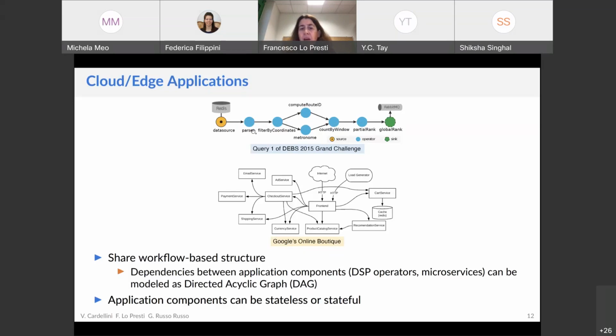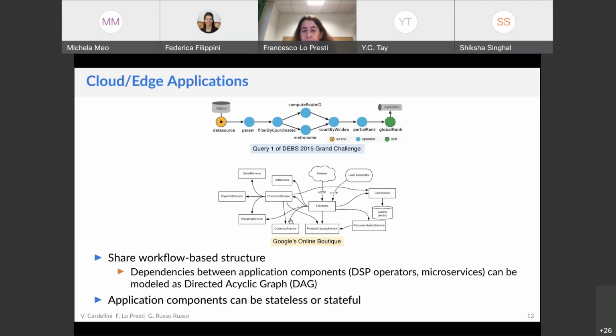For example, you have here a parsing, and here you have an operator that performs a partial rank. This is an example of a workflow that is related to the processing of a data set regarding the New York City taxis. And the goal in this case is to find out the rank of the most convenient areas of the city of New York for taxi drivers.